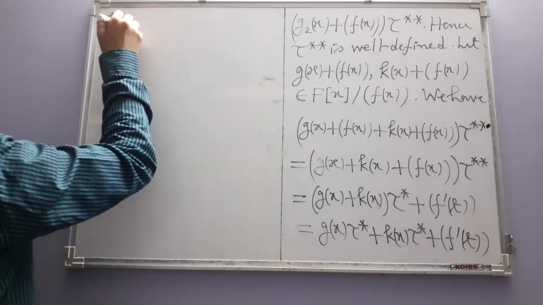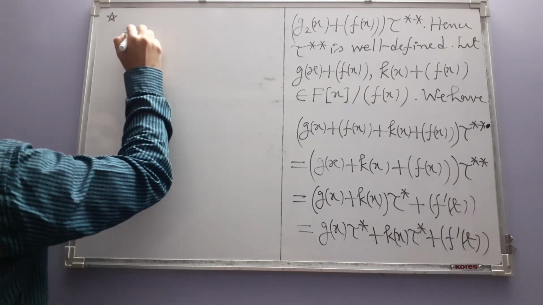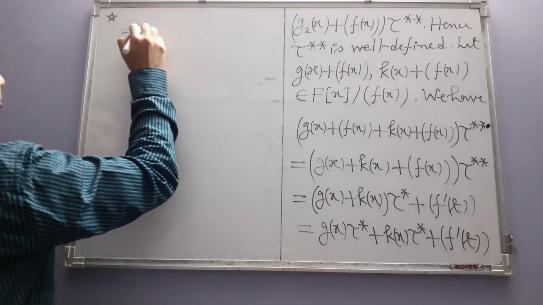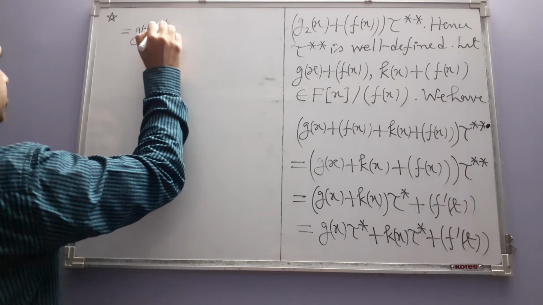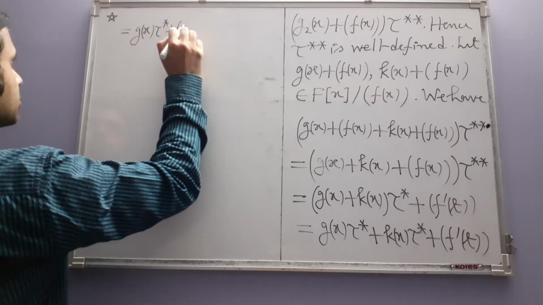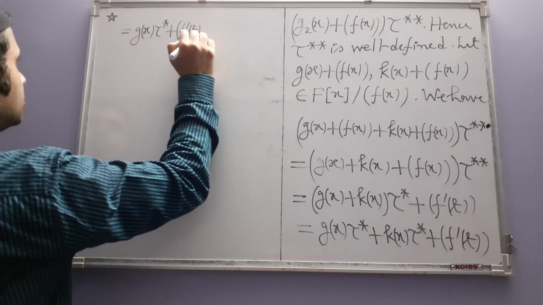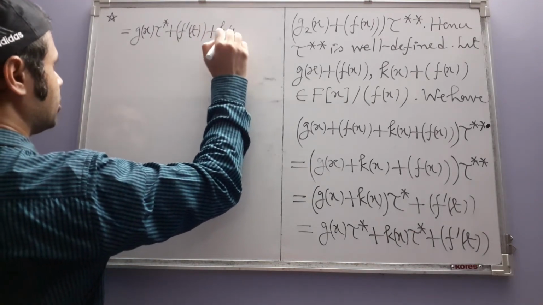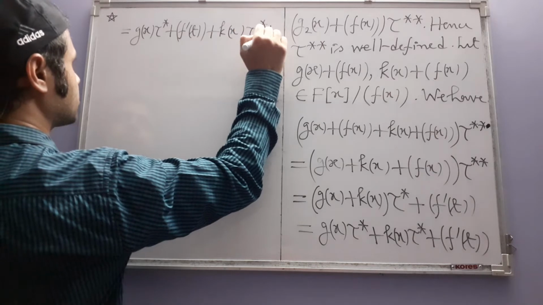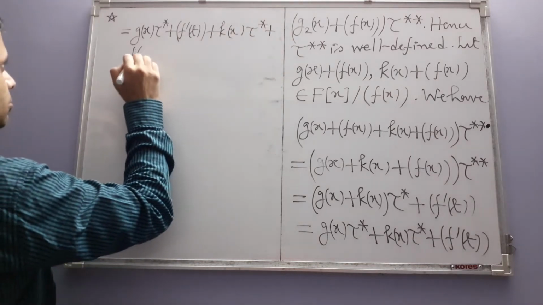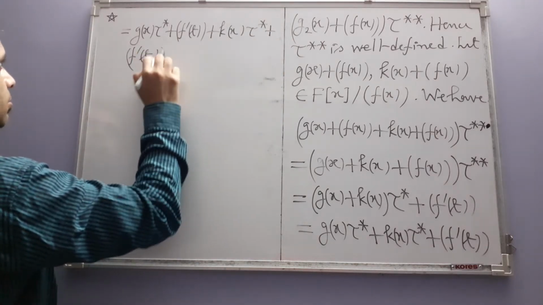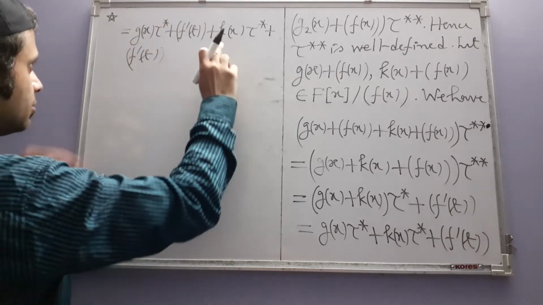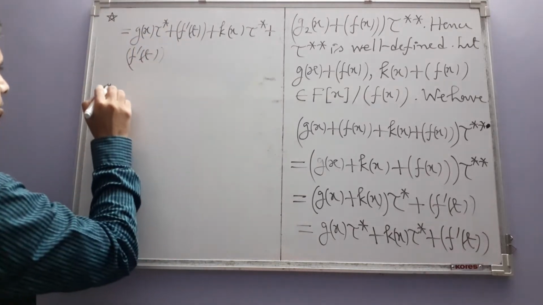This is equal to the sum of these two cosets, gx tau star plus f prime t plus kx tau star plus f prime t. This is one coset, this is the other coset.